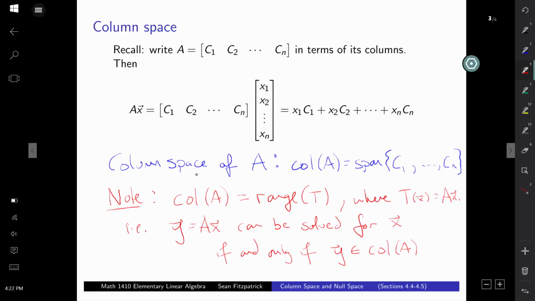Anything which is in the range, so if y is equal to A times x, then it's automatically in the column space, because A times x can always be written as a linear combination of the columns. And conversely, if I was given a y and I knew that I could write it as a linear combination of those columns, I could figure out what the coefficients are and use those to form my vector x. Okay, so that's the column space. It's just all the vectors that you can form by taking linear combinations of the columns of your matrix, and that turns out to be exactly the range of the corresponding linear transformation.